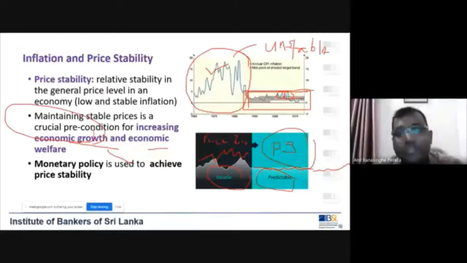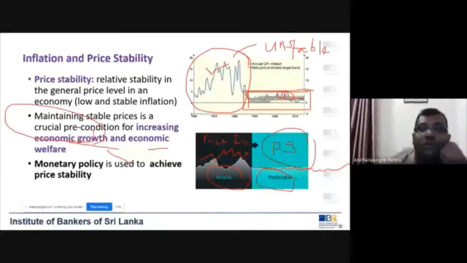If you look at some actual data, what you call empirical data, you will see economic growth and inflation have a very good relationship. What does that mean? When inflation is low, you will see economic growth is higher. When inflation is high, then you will see economic growth is low.